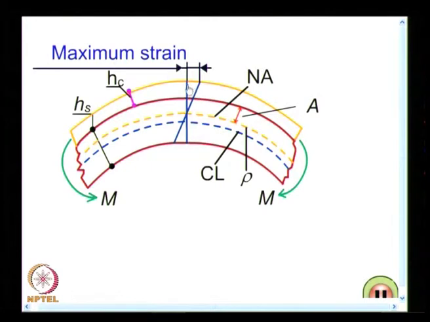So, from the mathematics I will have to find out what is this shift in the neutral axis. We have done force balance in the case of in plane stress loading. The force balance was very simple and straightforward, the mathematics is very simple.